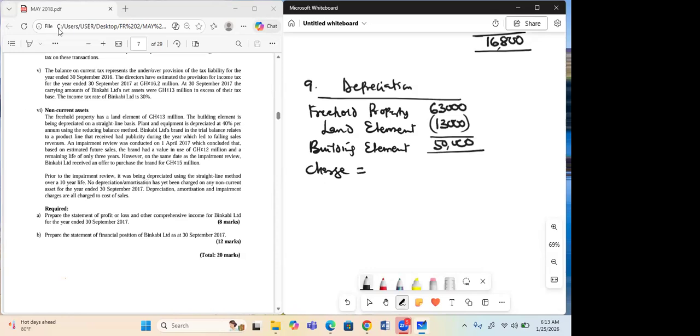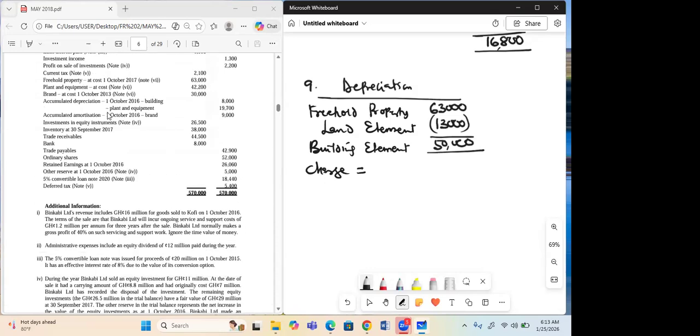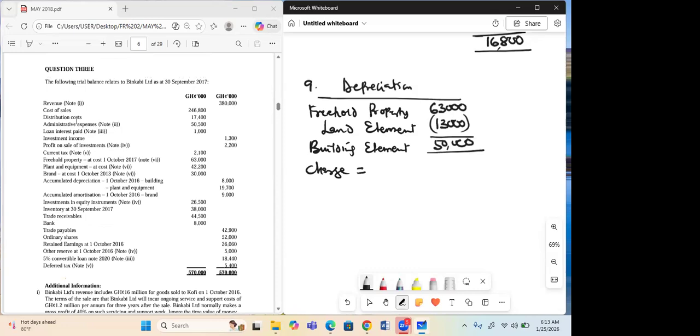So we don't know the useful life of the property. So let's go to the P&L and see the property. Watch something. The freehold property, I told you that the date was 1st October 2007. So from that time to now, we are at 30th September 2017.